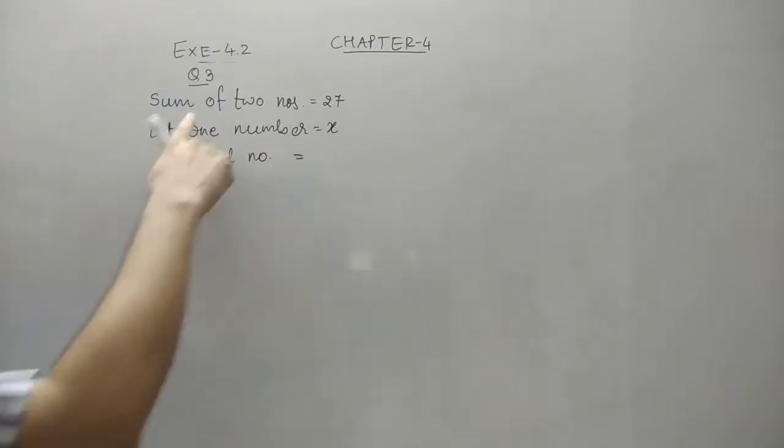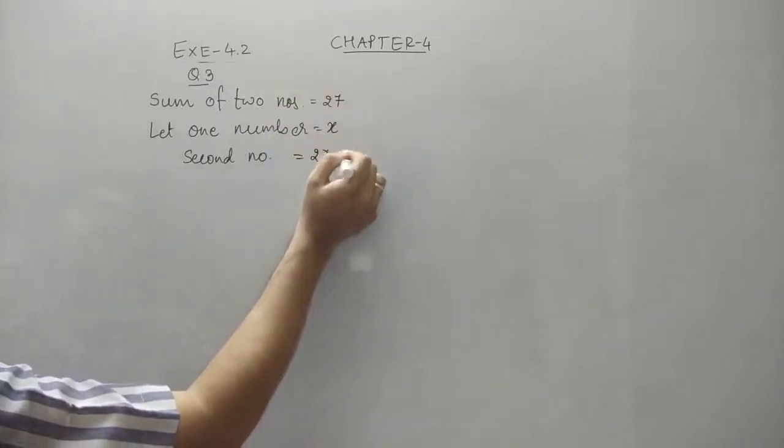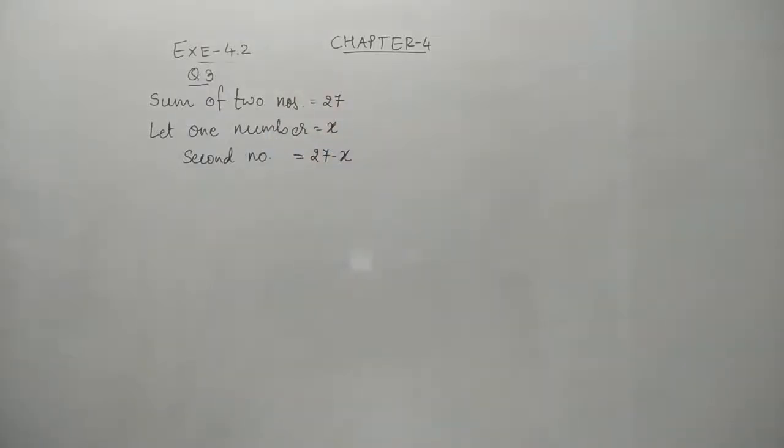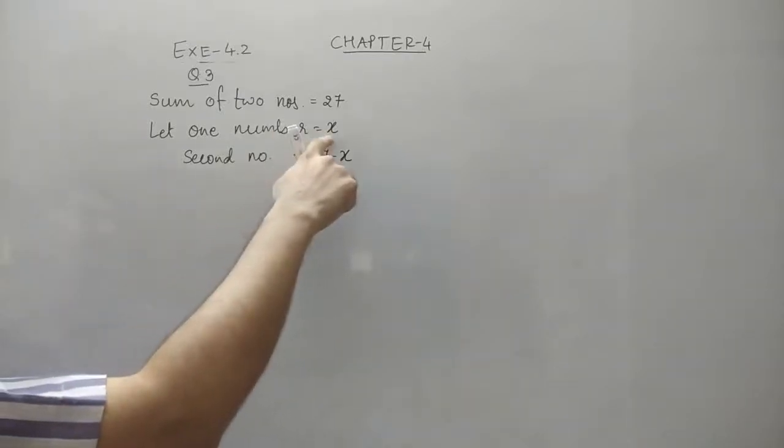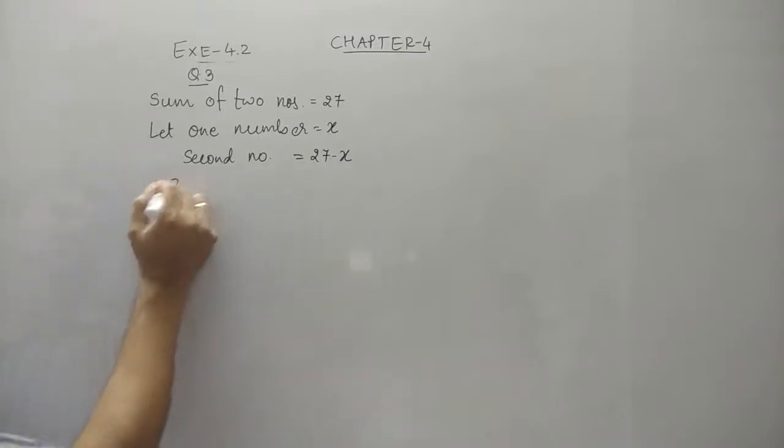That's very nice. When the sum of two numbers is 27, the second number must be total minus the first number. If this were 17, the second number must be 10. How? 27 minus 17.